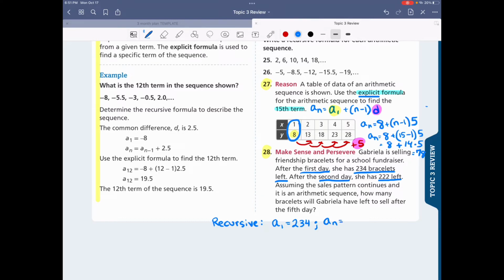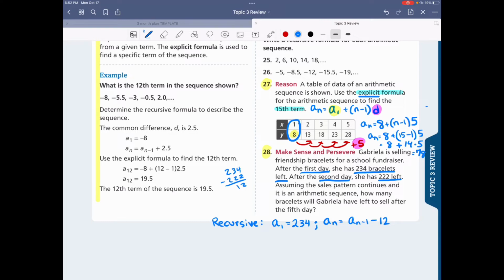A sub n equals a sub n minus 1 plus the common difference, but the common difference is a negative, so I'm going to put a minus. It goes from 234 to 222. So it's looking like if I subtracted those two, 234 minus 222, I get 12. So she's selling 12 each day, so she has 12 less every time.